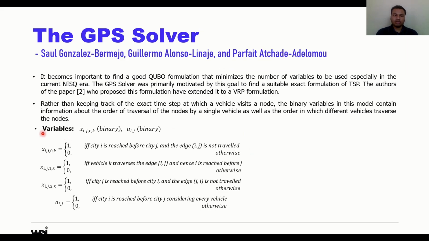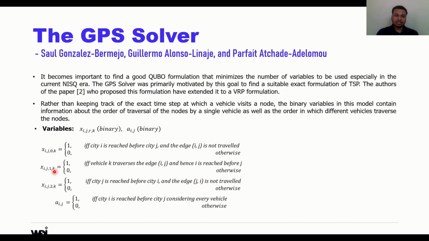There are two sets of binary variables in this formulation, x_ij^rk and a_ij. So r equal to 0 in x_ij^rk represents the state of whether the kth vehicle visits node i before node j, such that there is no direct edge from i to j. Similarly, r equal to 2 represents the state of whether the kth vehicle visits node j before node i, again such that there is no direct edge from j to i.